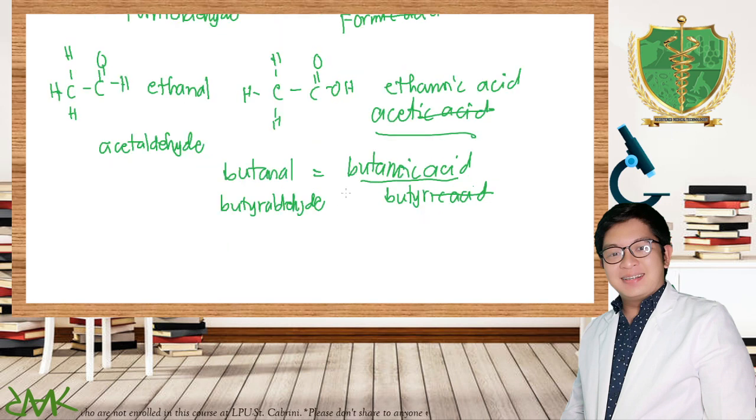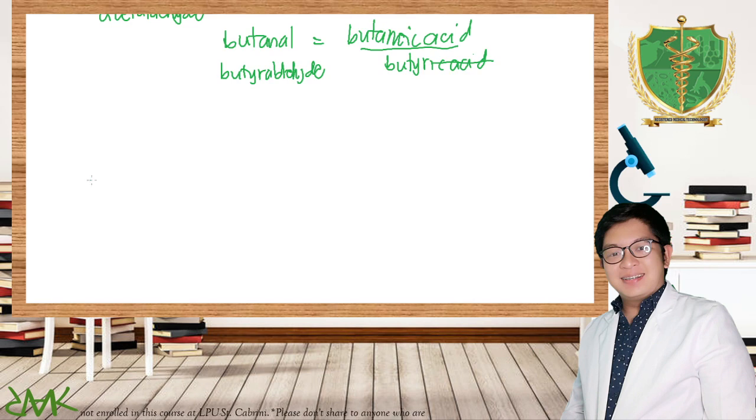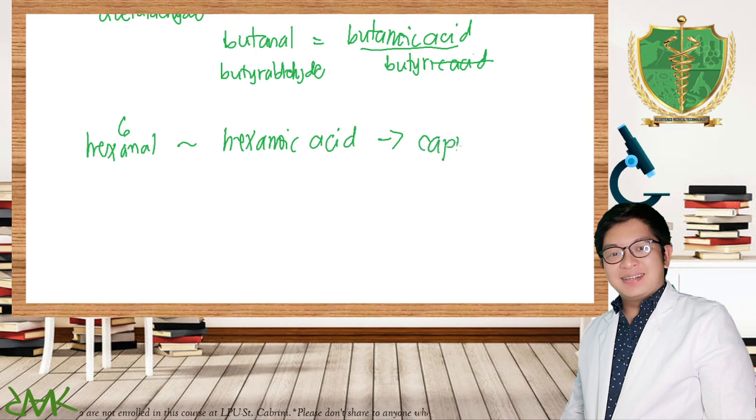So, that is our butyraldehyde. Now, let's say for example, another one is hexanal, having 6 carbons. The corresponding carboxylic acid of hexanal is hexanoic acid, and the common name of hexanoic acid is caproic acid.